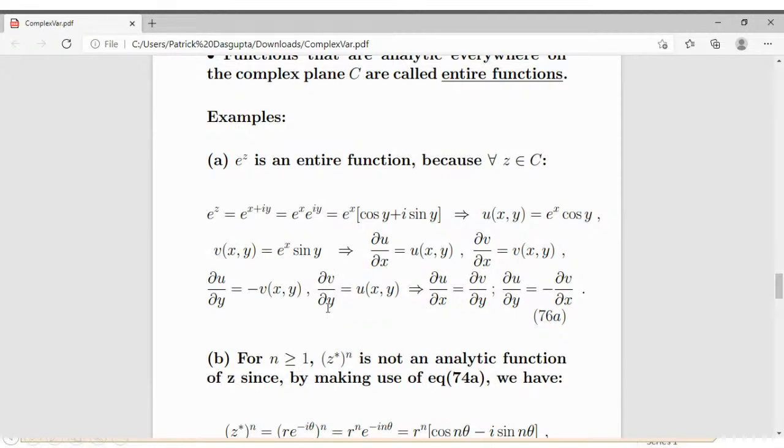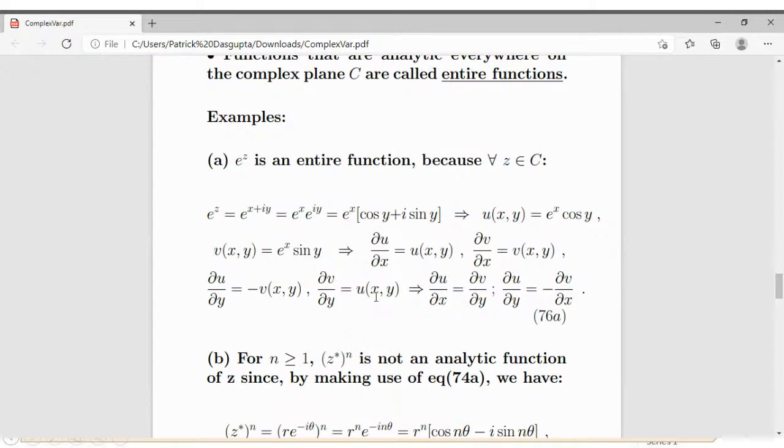Similarly, del v by del y is e raised to power x del by del y of sine y, but that is cos y, and e raised to power x cos y is u. So therefore del v by del y is u.